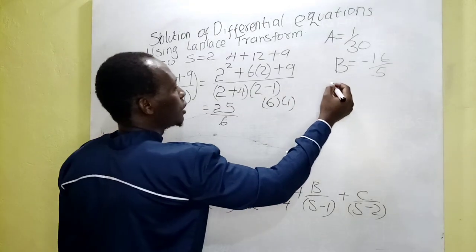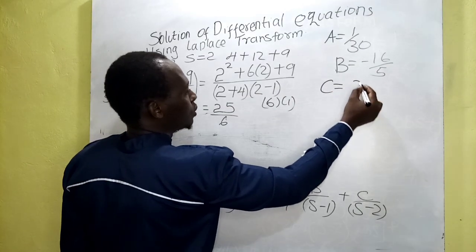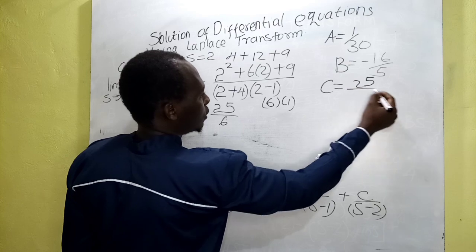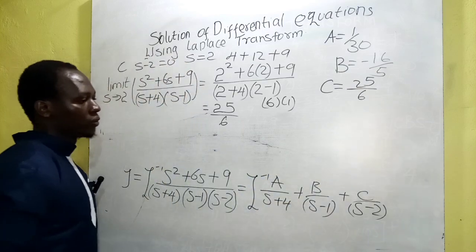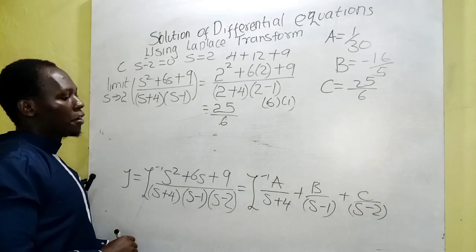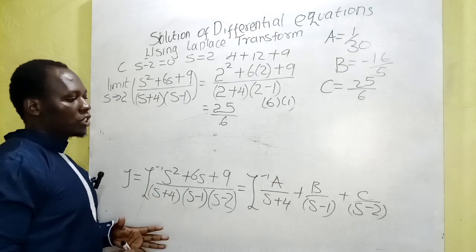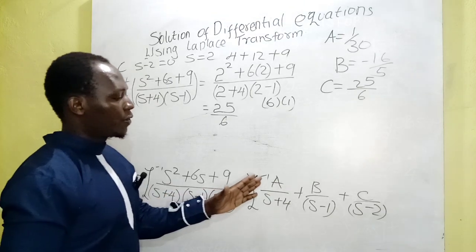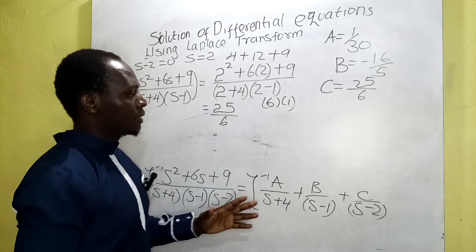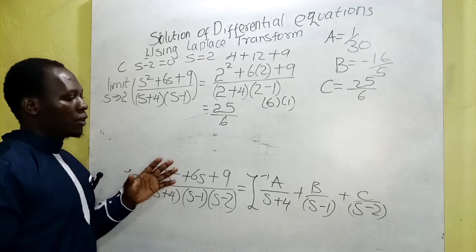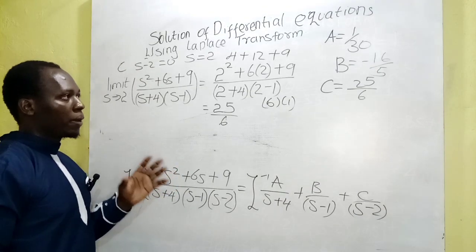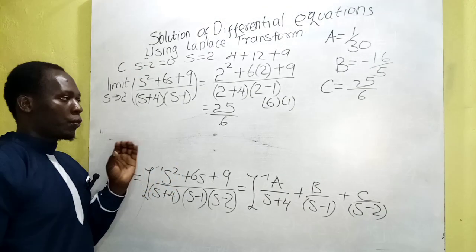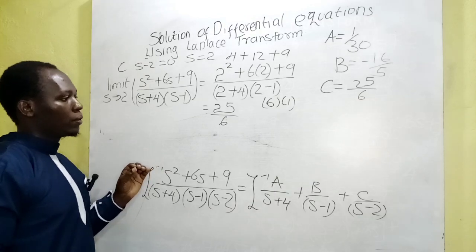The term of c now is equal to 25 all over 6. Up to this point now, we have the values of a, b, and c, and we got those values using the partial fraction, whereby we applied the cover-up rule.